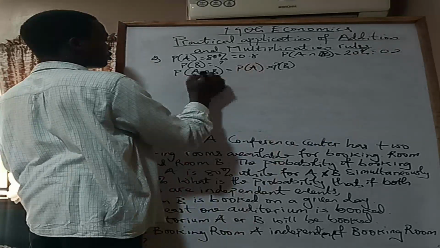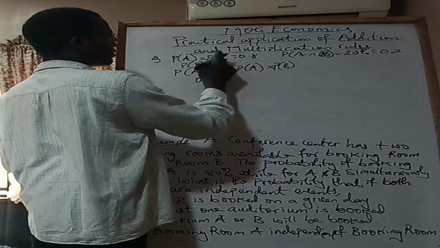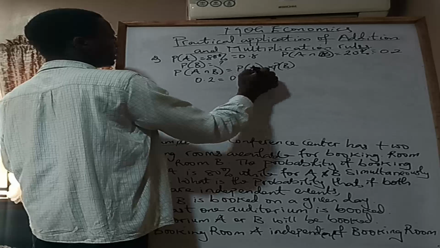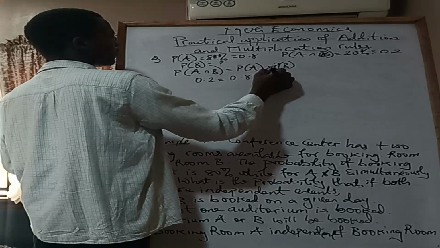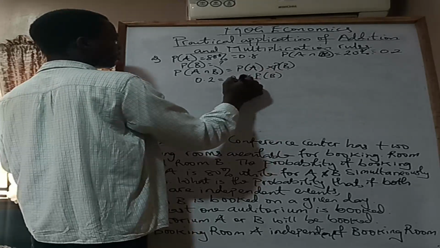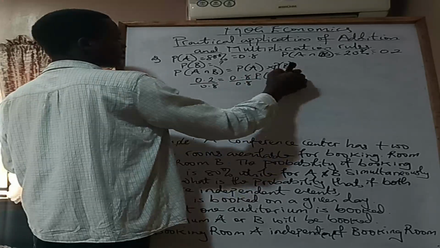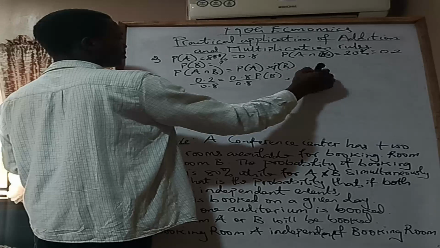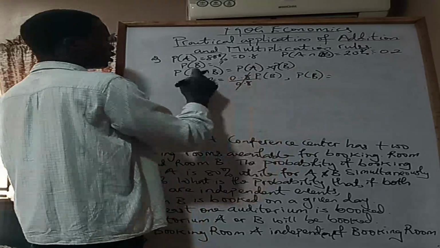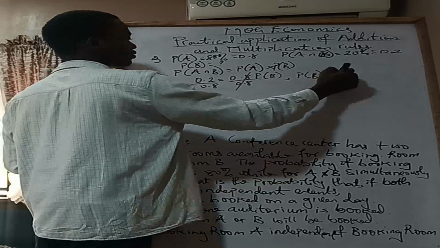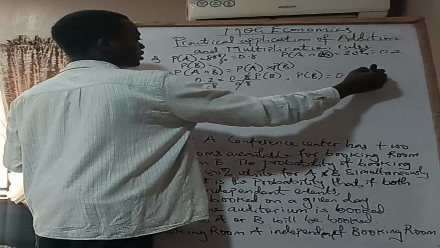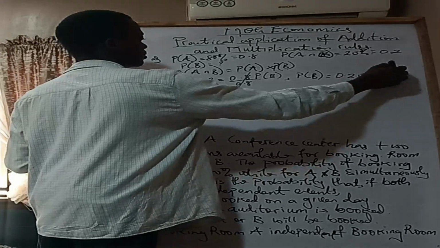So we have 0.2 equals probability of event A, 0.8, multiplied by probability of event B. We divide through by 0.8, and the probability of event B equals 0.2 divided by 0.8, that's 0.25, which is equal to 25%.